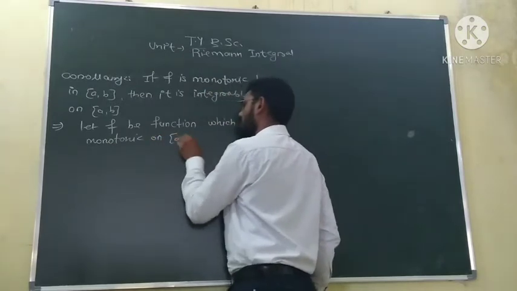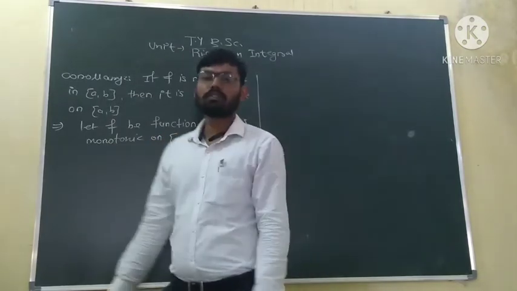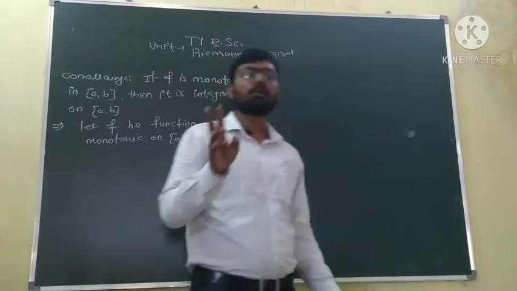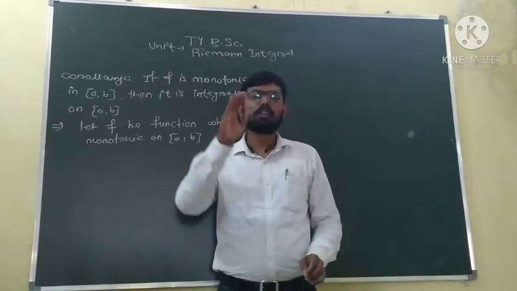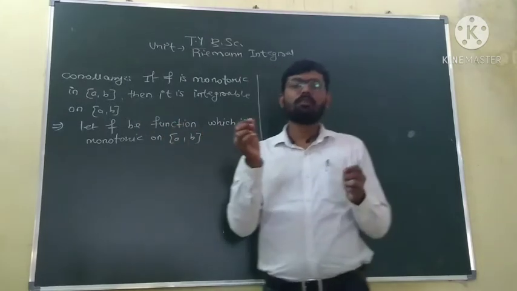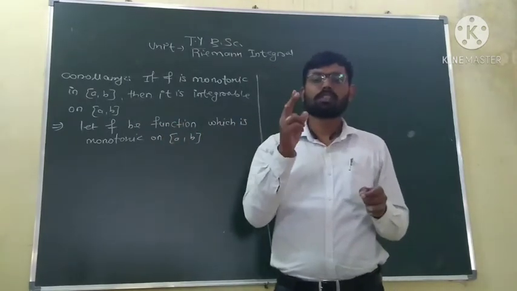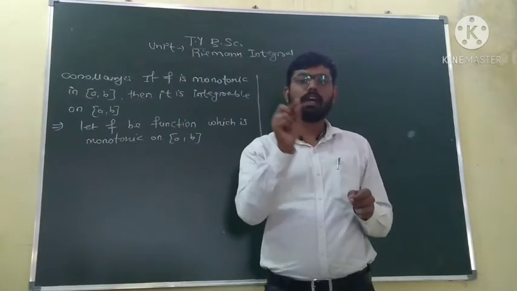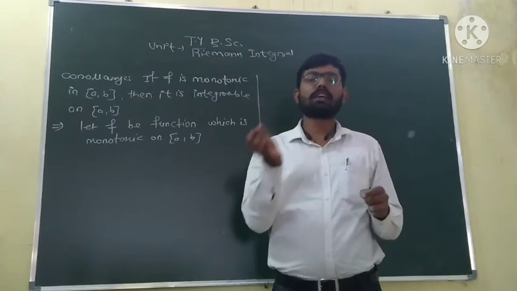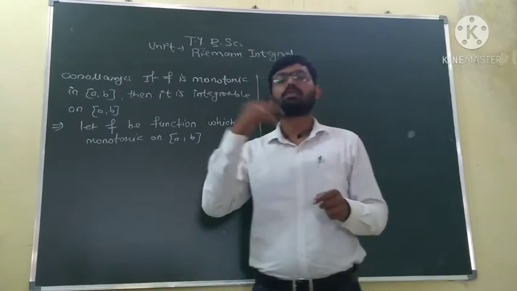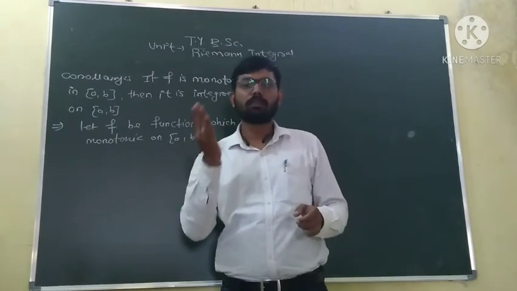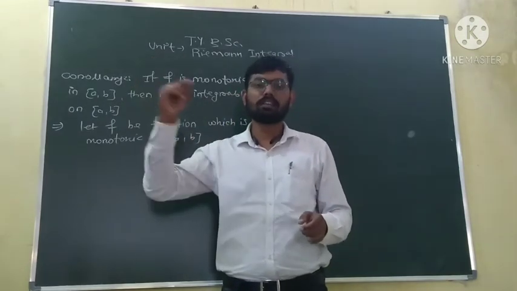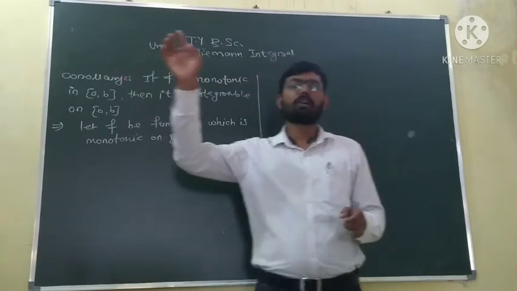on [a, b]. So what is a monotonic function? Monotonic functions are of two types, either monotonic increasing or monotonic decreasing. Monotonic increasing function means there are two values x1 and x2, and if x2 is greater than x1, the value of the function at x2 is also greater than the value of the function at x1. That is, if you increase the value of x, the value of f of x also goes on increasing, so the graph of that function is increasing.